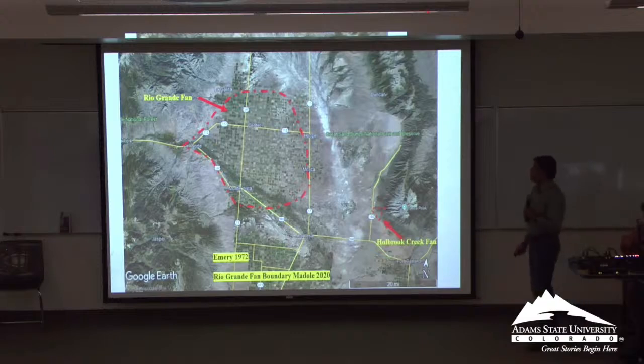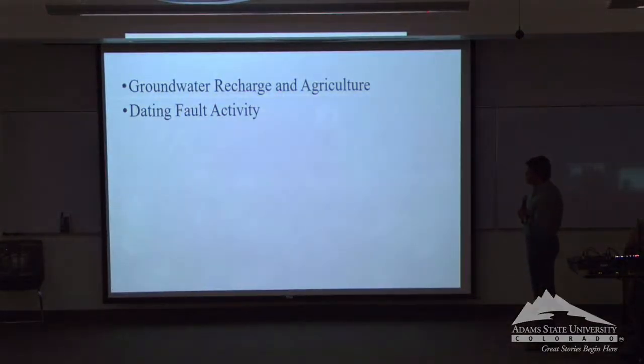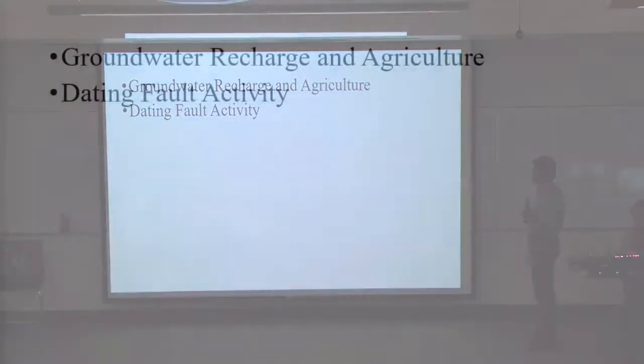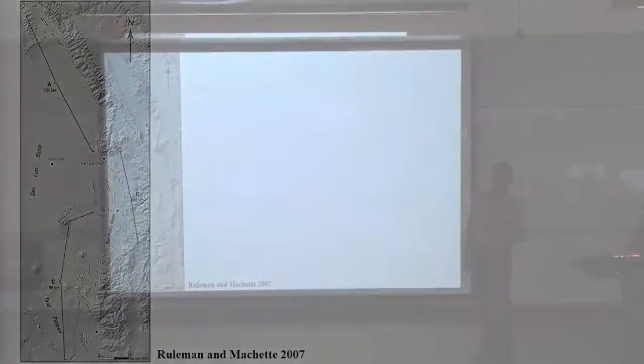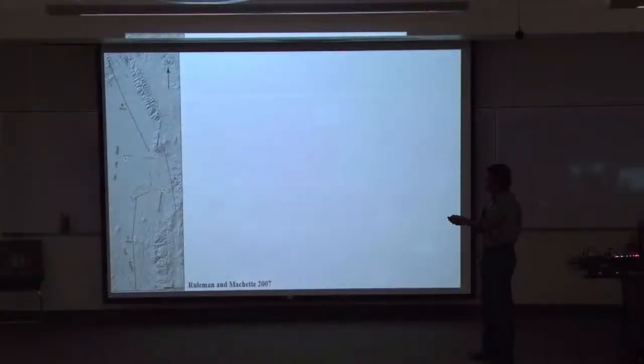Okay, so let's go to the second importance, which is dating fault activity. So here is an image. This is a hillshade image. A hillshade is an image that you can create to give you depth perception.